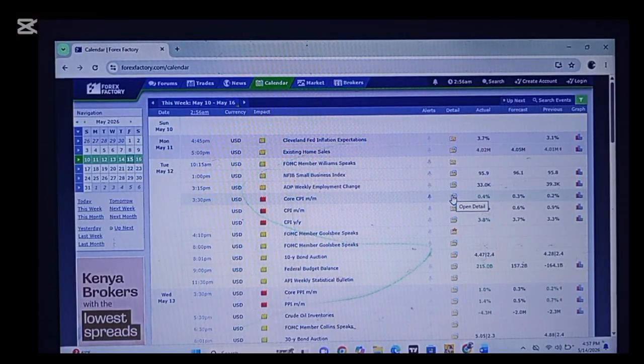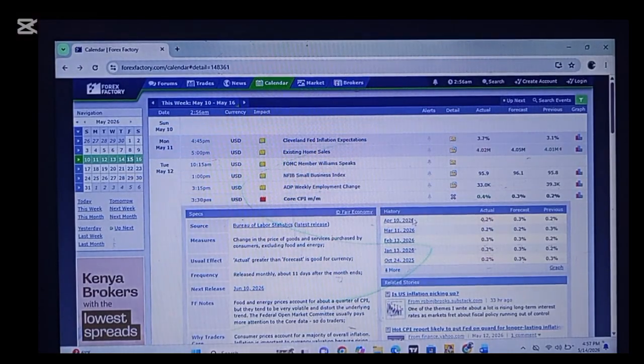When you click open detail, you will get everything that you need about the news, what it measures, what you expect. If actual is greater than forecast, then it is good for the currency. And here you have all the data and the history.